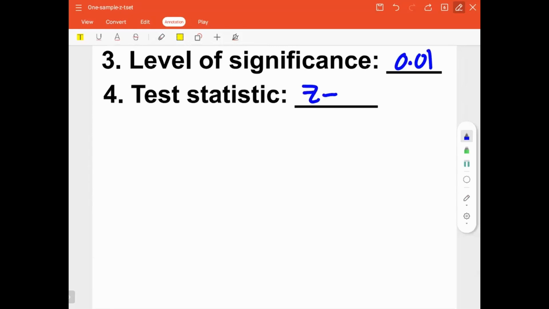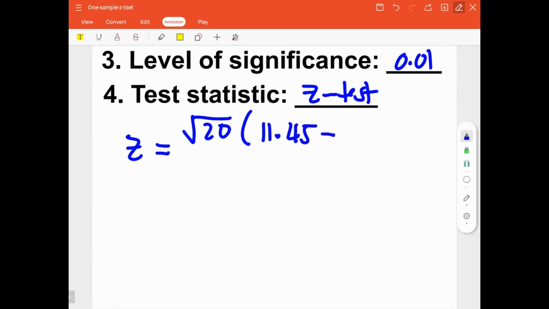is the z-test. Why? Again, because the standard deviation is given, right? So we'll compute the z-test value. So this is square root of n, n is 20, times the quantity x bar, which is 11.45, minus mu null, which is 10, all over the population standard deviation, which is 2.38.